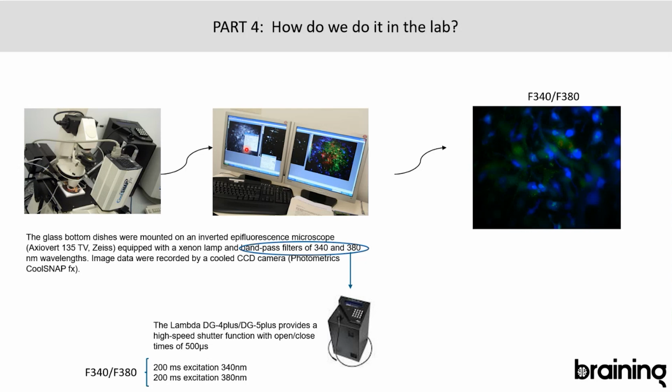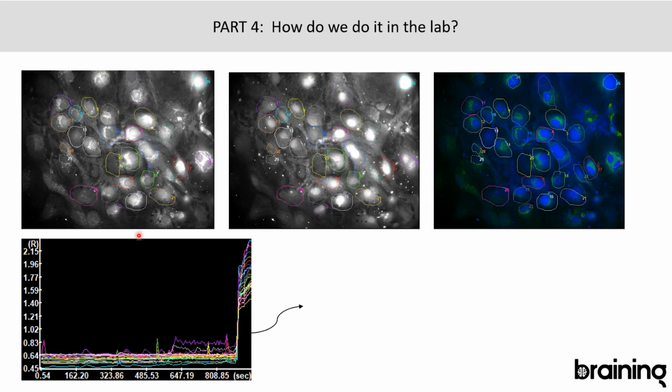One of them corresponds to the 340, the other to the 380, and the other to the ratio between these two wavelengths, which is represented here. This is a sequence of images, like a video. I thought the previous one was a video, but it's not working.